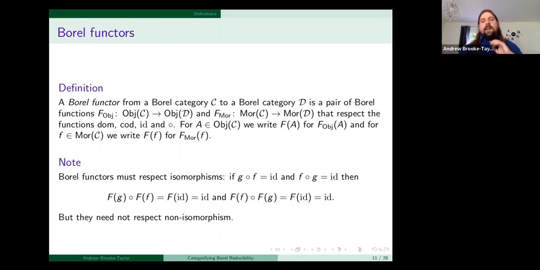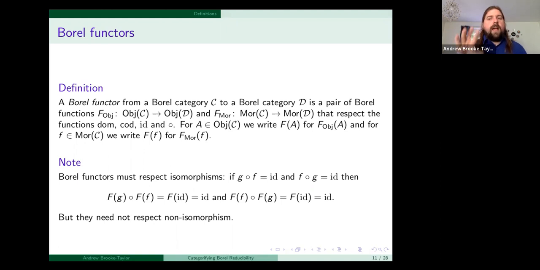The category theoretic definition of an isomorphism is an f such that there's a g, such that g of f is the identity and f of g is the identity. Well, from the fact that you respect identities and composition, a Borel functor must take isomorphisms to isomorphisms. But they don't need to respect non-isomorphism.